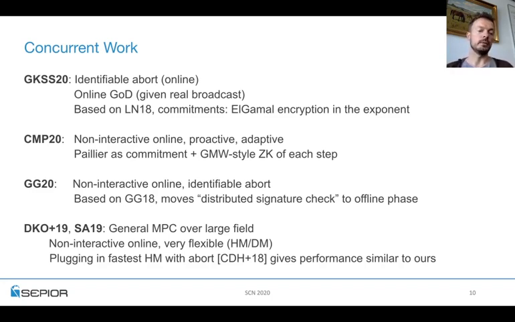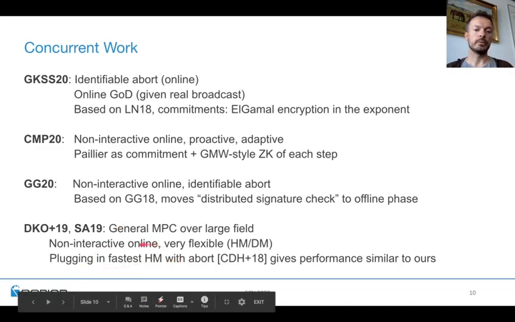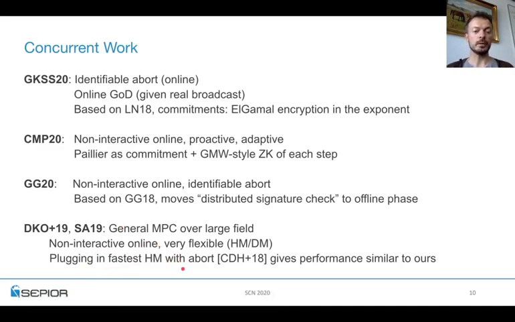With these solutions we can plug and play different systems for general MPC, and in particular, if we plug in one of the most efficient systems for 3 parties with abort, honest majority, by Cheetah and others from 2018, we get a performance which is similar to ours. So that's pretty efficient.